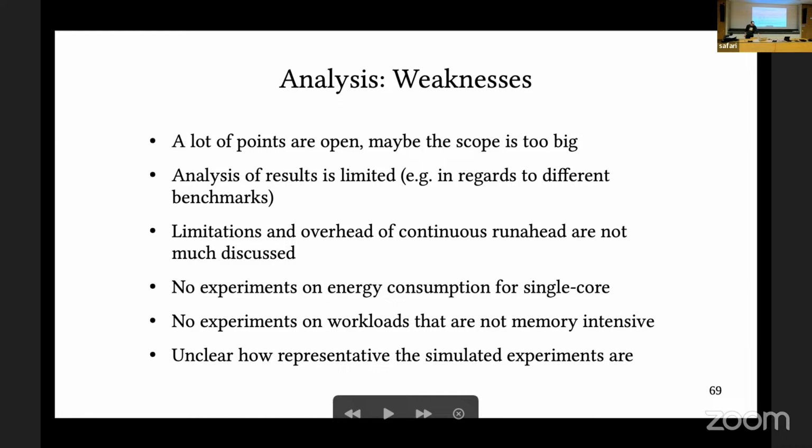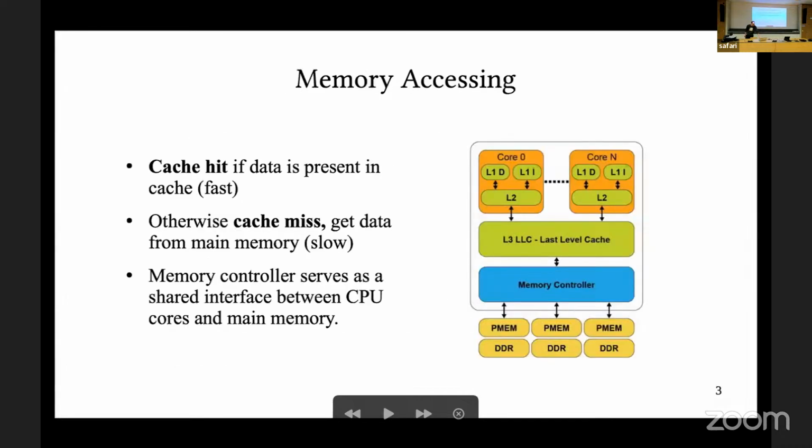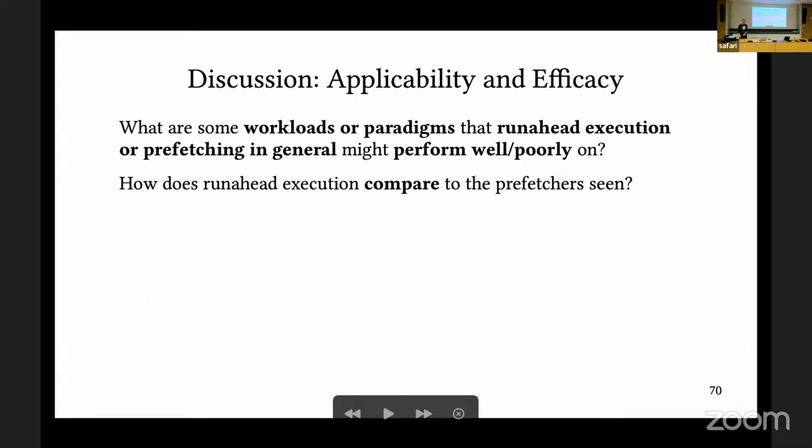All right then. I have two topics for discussion. First of all, this runahead execution. I've shown you what it does now, and also what prefetching tries to do in general.